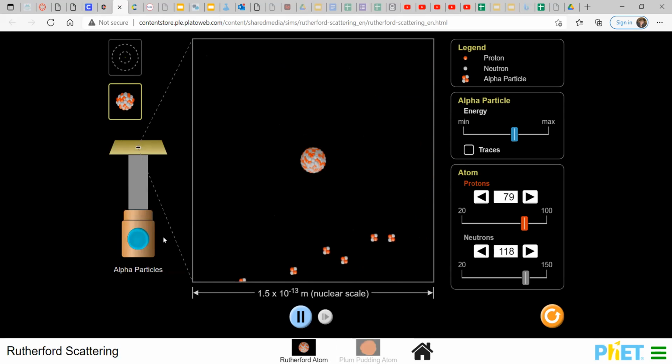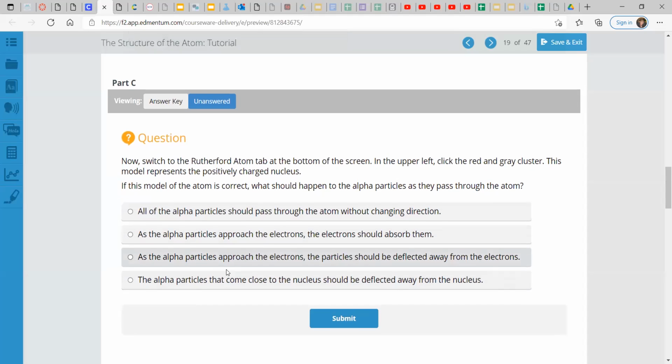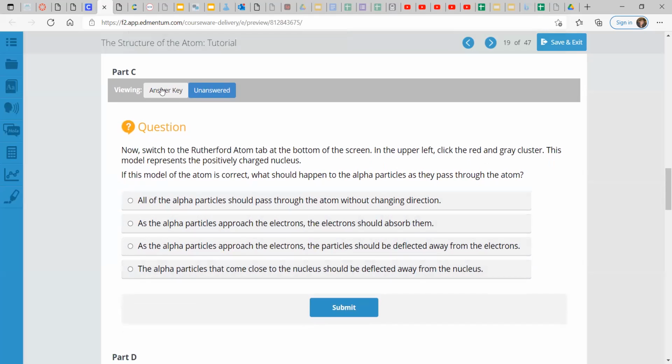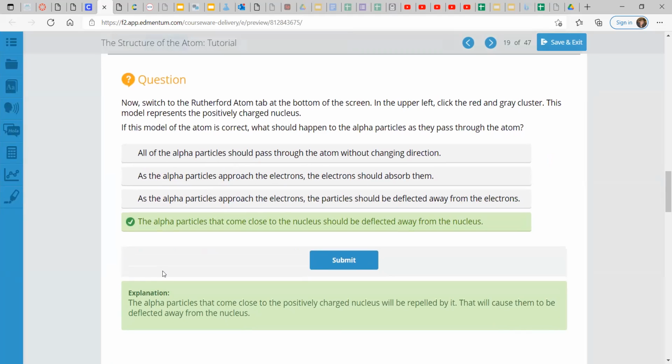We're going to shine alpha particles at it. Oh, it looks like the particles are deflected away from this nucleus. That must mean it's a positively charged nucleus. The alpha particles that come close to the nucleus should be deflected away from the nucleus.